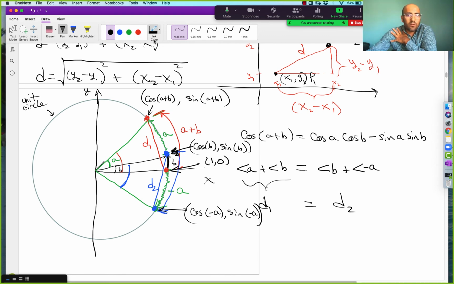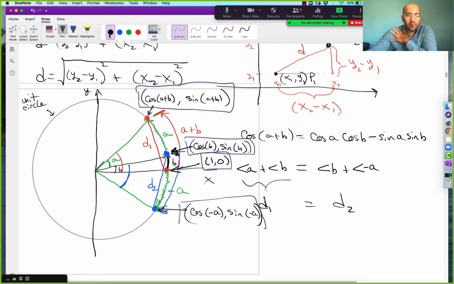Should I have another cool color? Purple. Strong purple. So we have this point over here, this guy, and then across the way we have this guy, and then this, and this.